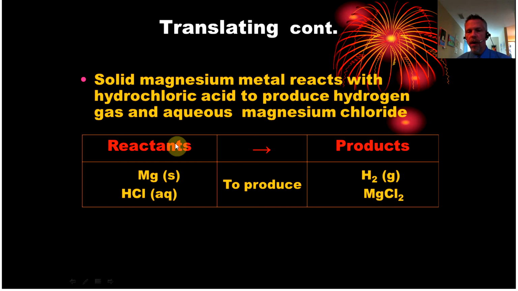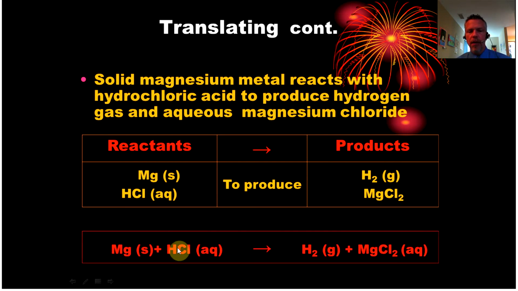So now we're going to rewrite this information we have in the table as an equation. We do that by writing each of the reactants with its state, magnesium solid, and a plus sign, and the next reactant with its state. In this case, we only have 2 reactants, so we stop there. We might have had multiple in a different example.